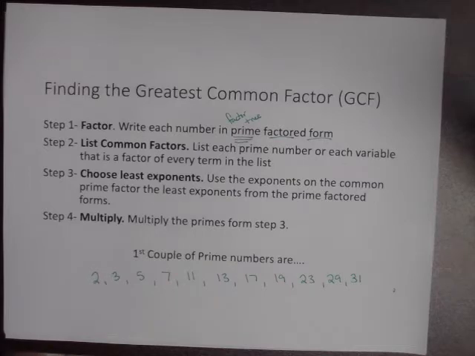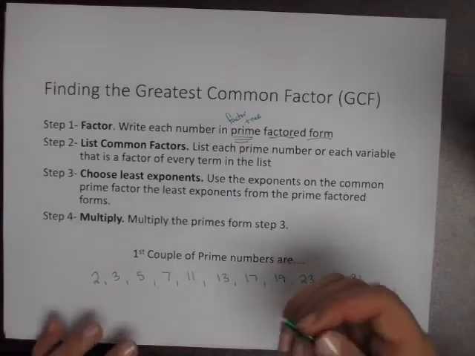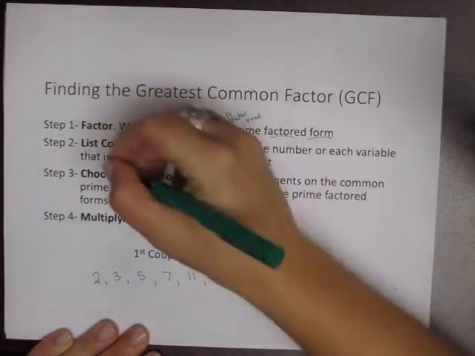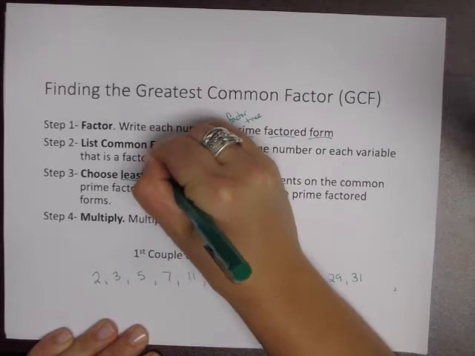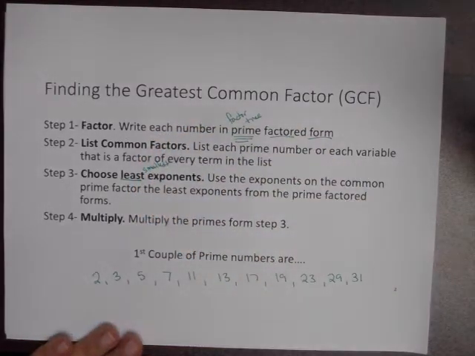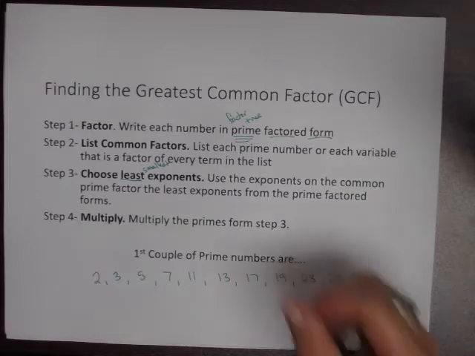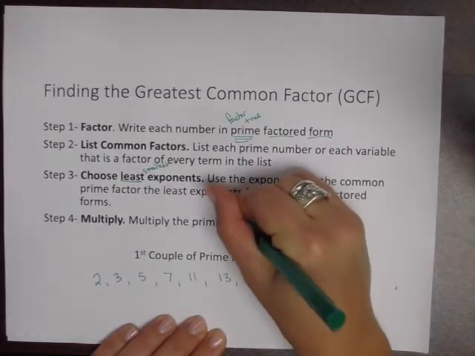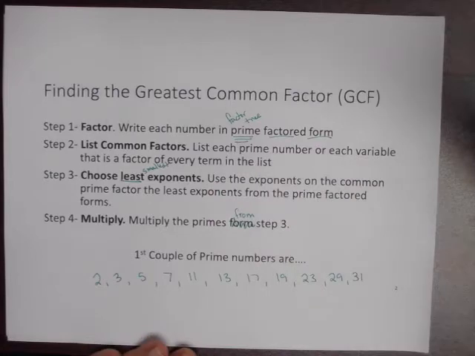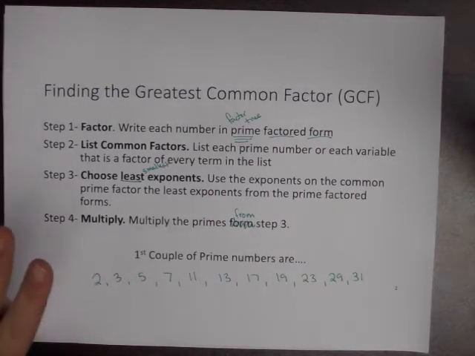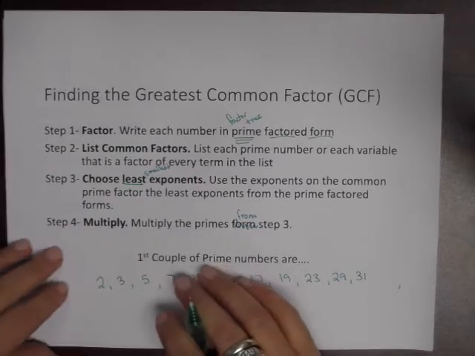I promise I'll show you what that means in just a second. It makes a lot more sense when you're dealing with variables because we're dealing with the least or the smallest exponent. And then the last thing we have to do is multiply the primes from step 3. Okay, so you factor, you list the common factors, you choose the least exponent, and then you multiply them all together.